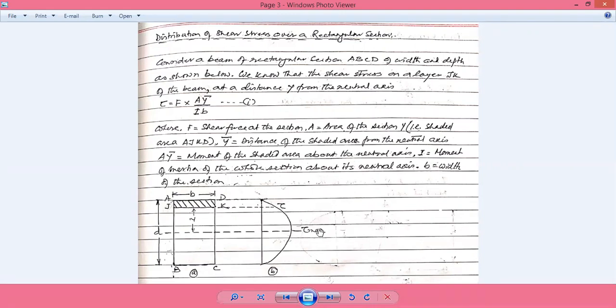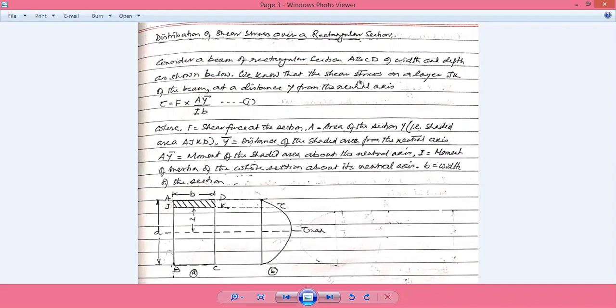This is the neutral axis of the beam, and this is the width itself. What is the distribution of the shear stress from AB to CD, and how is it increasing and how is it reducing? Let us go through it.